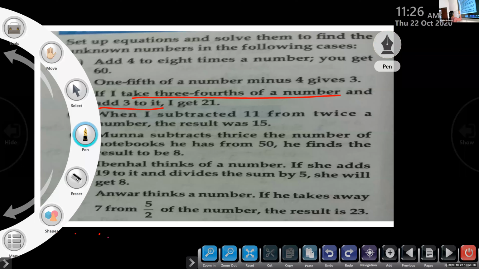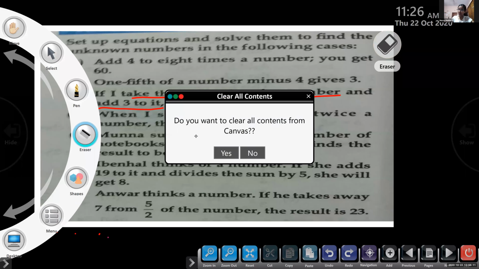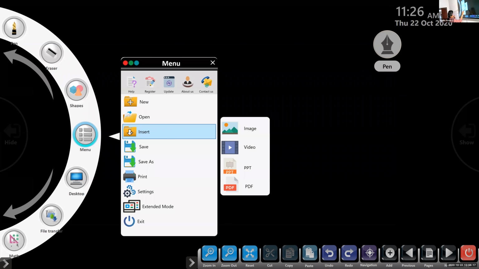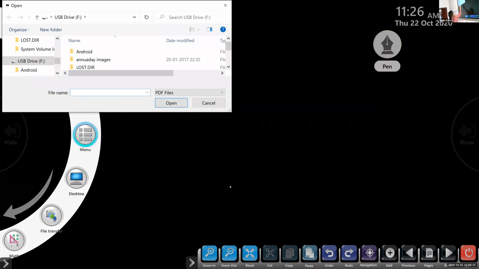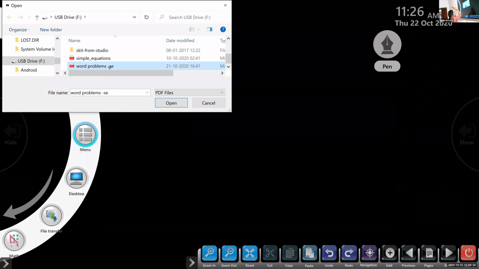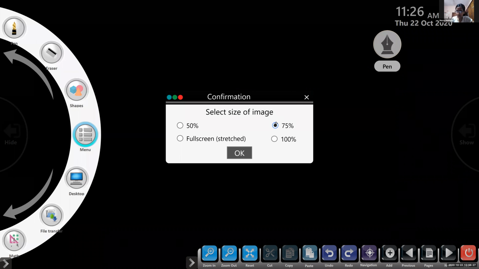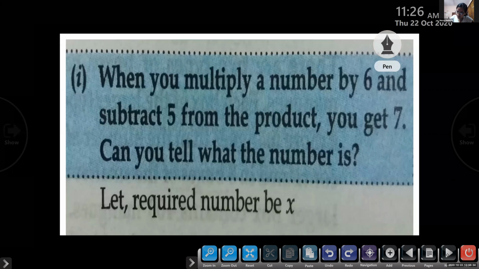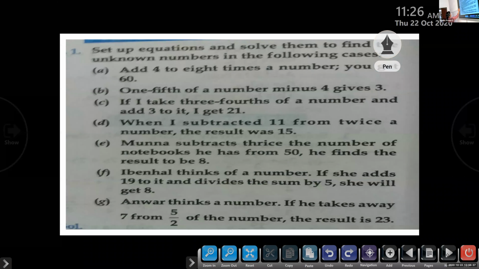So we can write it as 3 by 4 y plus 3 equals 21. Find out the answer and tell me the answer.